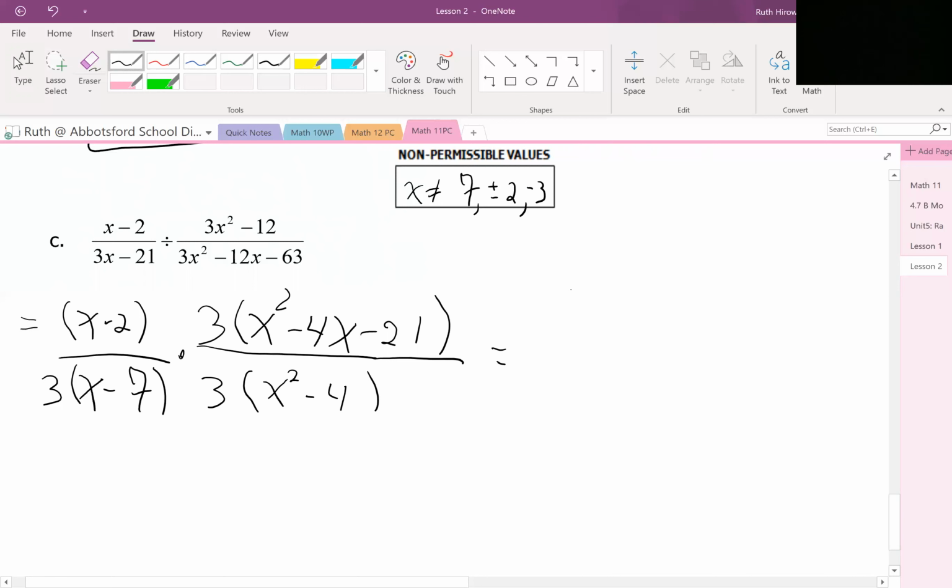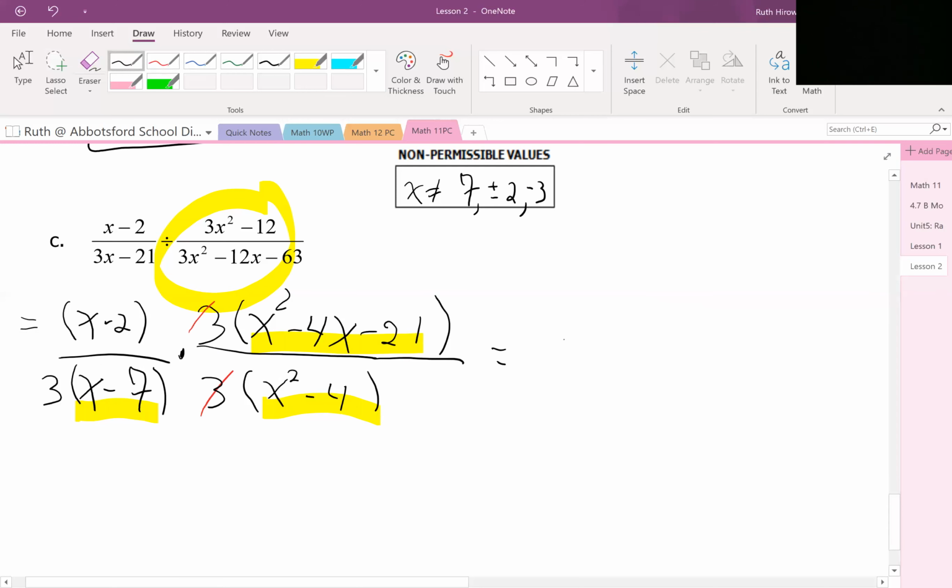Okay, I did this in a couple of steps. I did my flip and multiply right here and pulled out my GCF at the same time. Now I'm going to factor each of these terms. Of course, this is where I'm getting my restrictions from. Yes, I wrote them in first. Of course, at this point, I wouldn't actually know what they are. Before I start, 3/3 gives me 1.